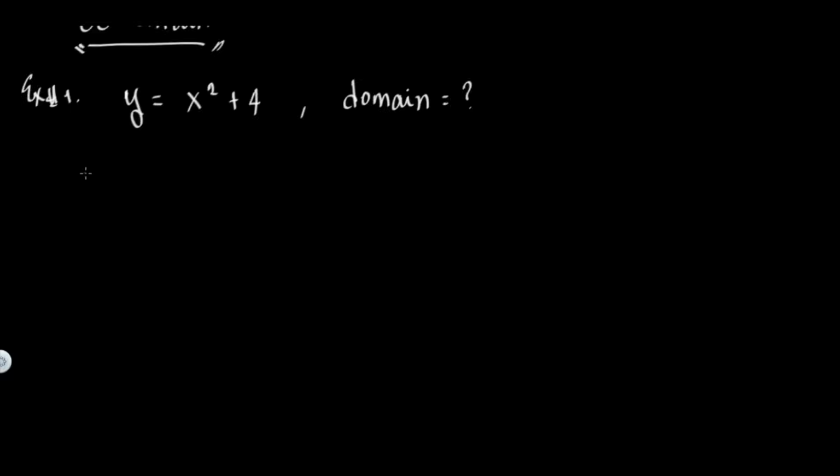So for your solution, anong unang gagawin? You solve for y. Dito sa ating problem, y equals x squared plus 4, sinolve na yung y. Meaning, y is this x squared plus 4.